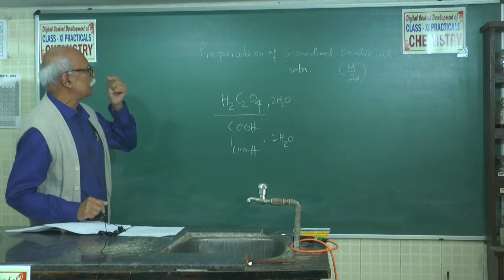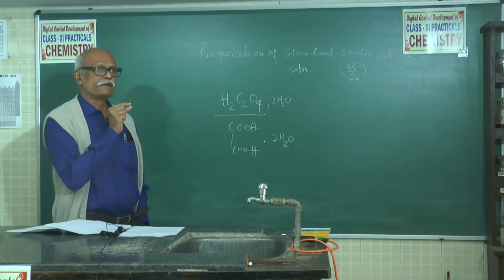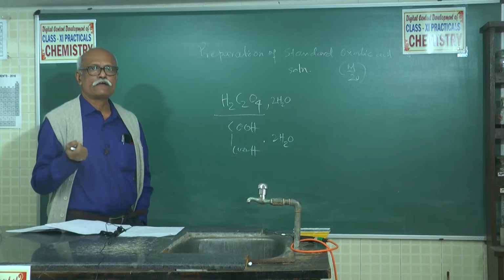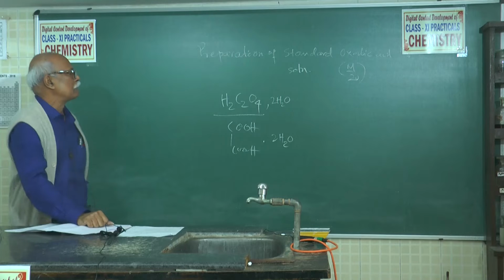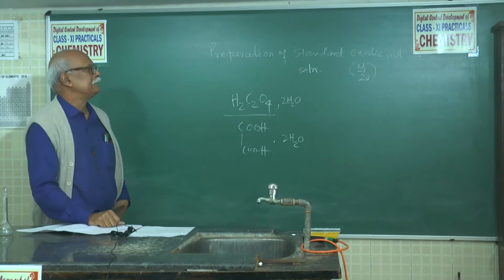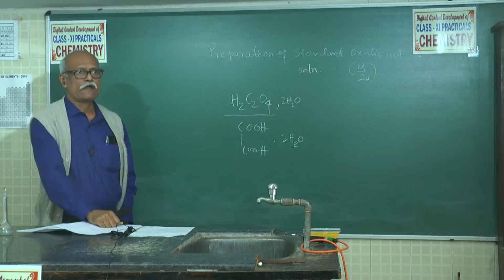So standard solutions you can divide into primary standard and secondary standard. Secondary standard is that which can be standardized. Standardized means the normality or molarity can be found out. The concentration or strength can be found out by titrating against a standard solution of which the normality or molarity is known.